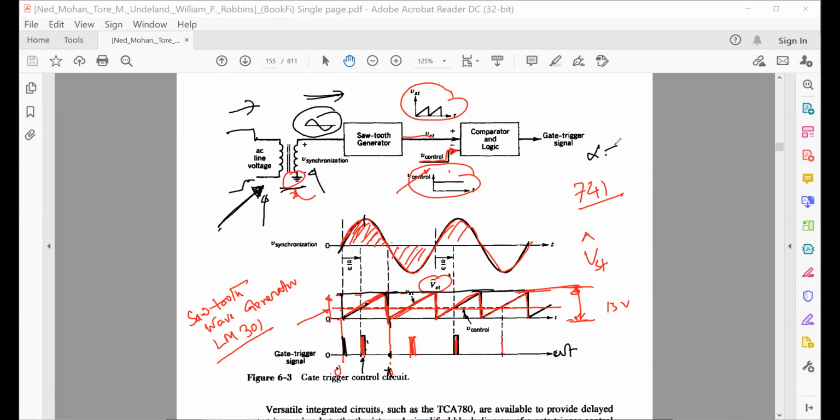Alpha can be varied between 0 to pi. How? Just vary the level of the control voltage.